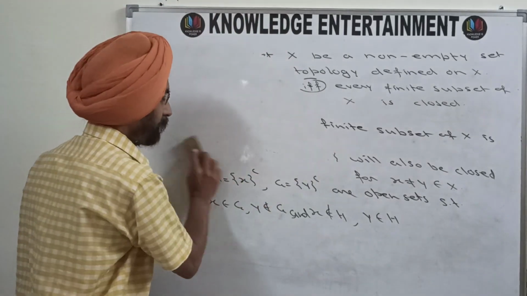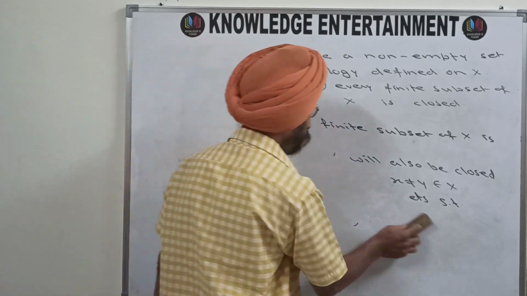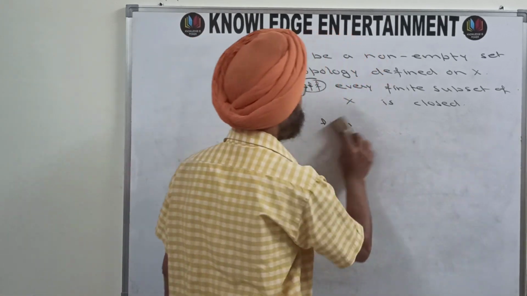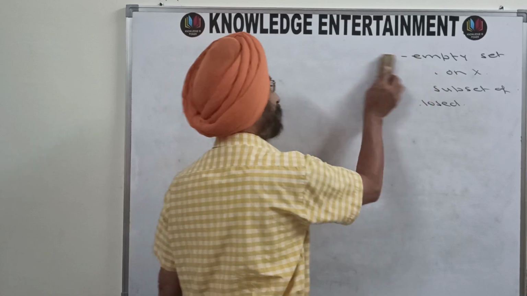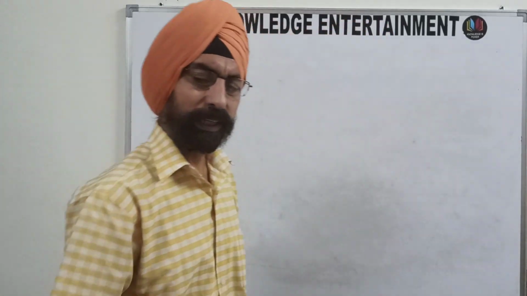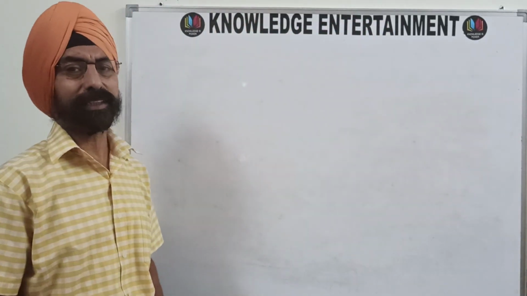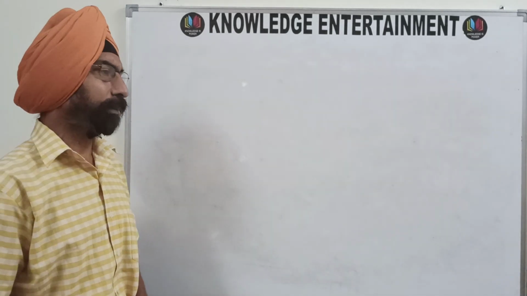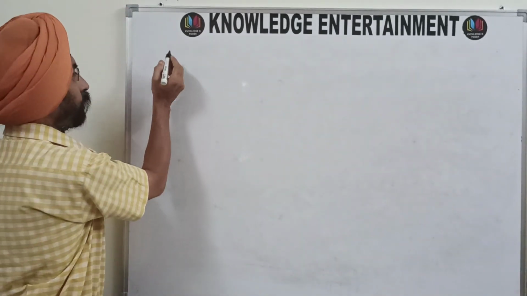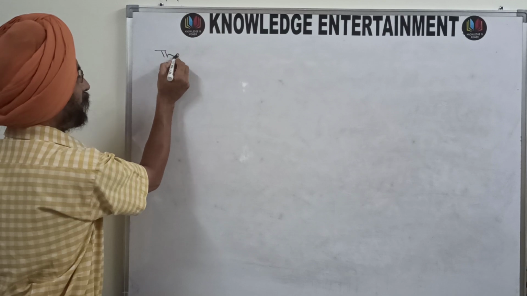So it was just an expansion of the previous theorem, and now we will move on to the next theorem of T1 spaces, and it says that the property of being a T1 space is a topological property. So here I am going to write the statement.